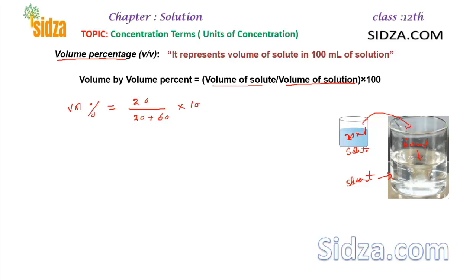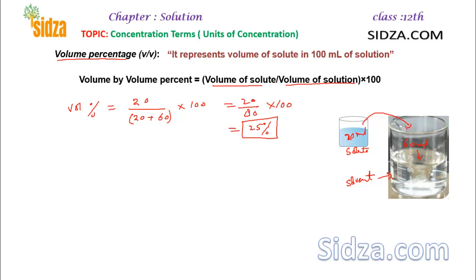Now times 100, correct? Because this gives us the total volume of the solution. So it will be 20 by 80 times 100, okay? So it will be 25%, right? So this is the percentage per volume.